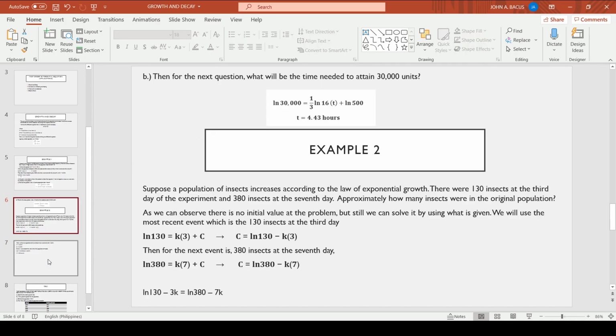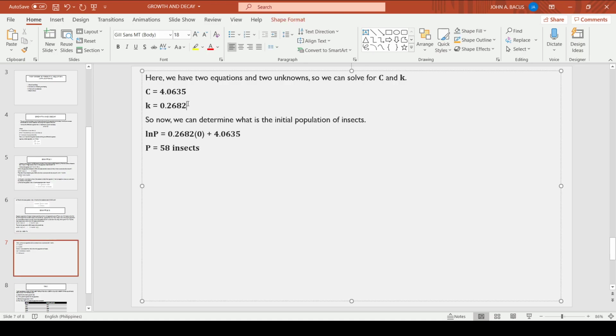So, again, ln of 130 minus 3x in the calculator is equal to ln of 380 minus 7x. Shift solve. So you will have the answer of 0.2681592006.